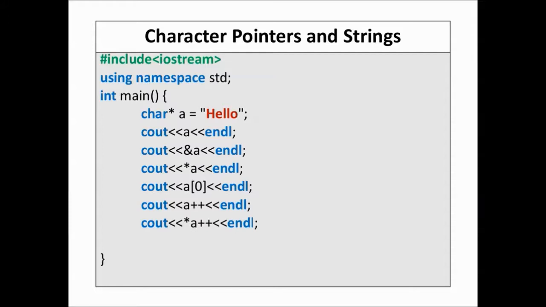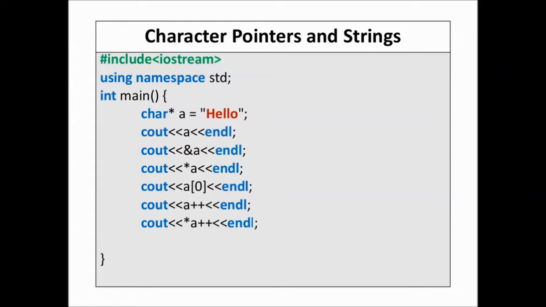Then we use the cout object, and we want to display a, then we want to display its reference, then we want to display its value, then we want the first element of this pointer string array, then we use an increment operator on this pointer, and we also use an increment operator on the value stored in this array.